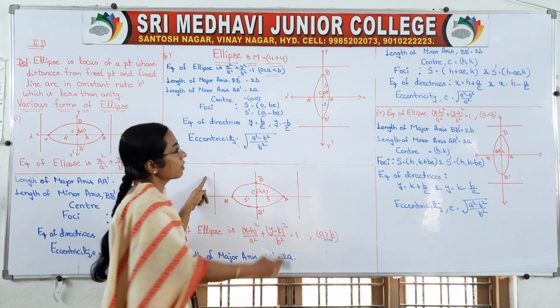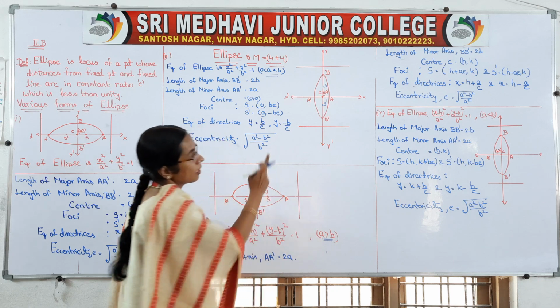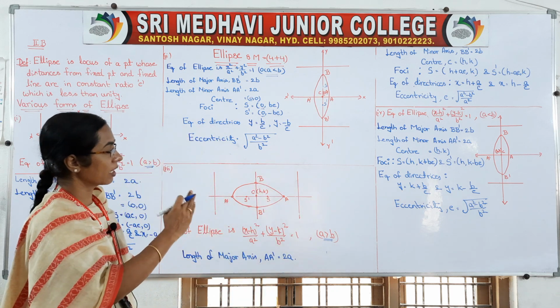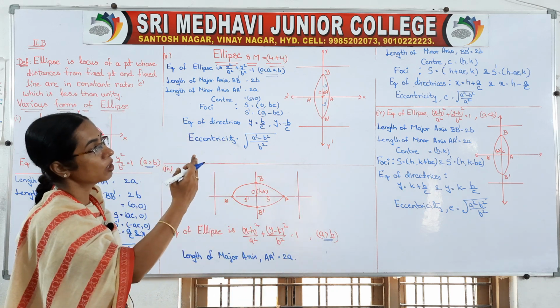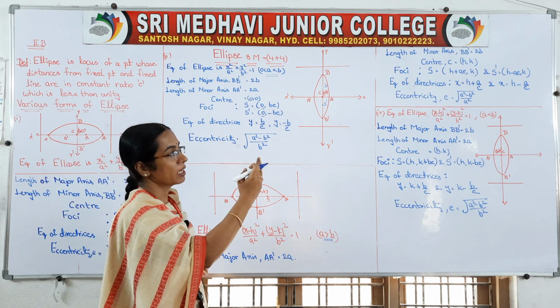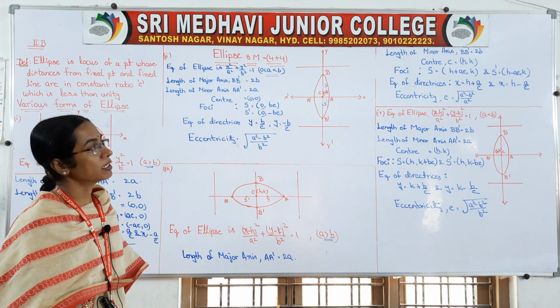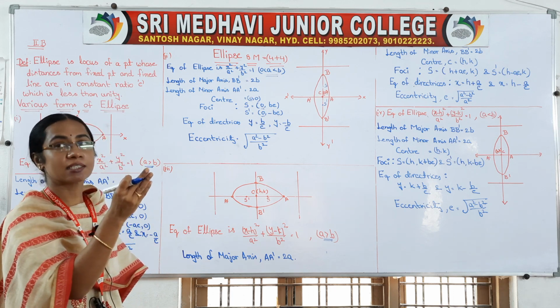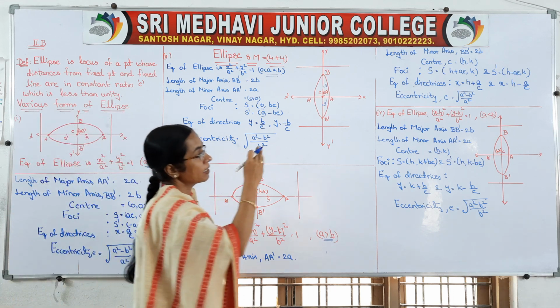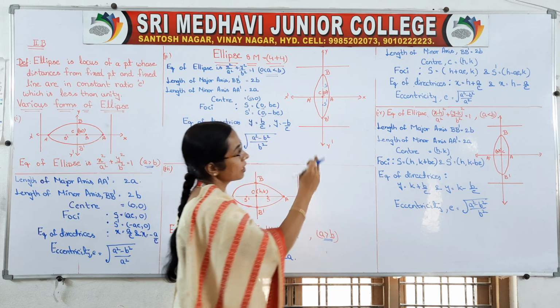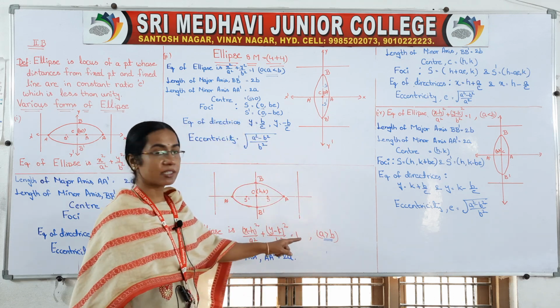Next, come to the equation of the directrices. x is equal to, same thing again, right side. So x is equal to h plus a by e and x is equal to h minus a by e are the equations of the directrices. Next, eccentricity. Here a is greater than b.